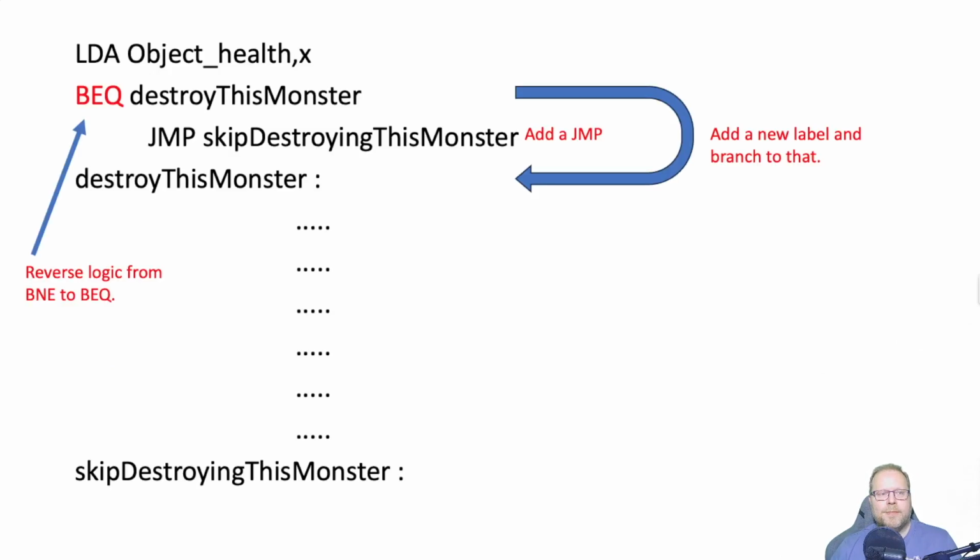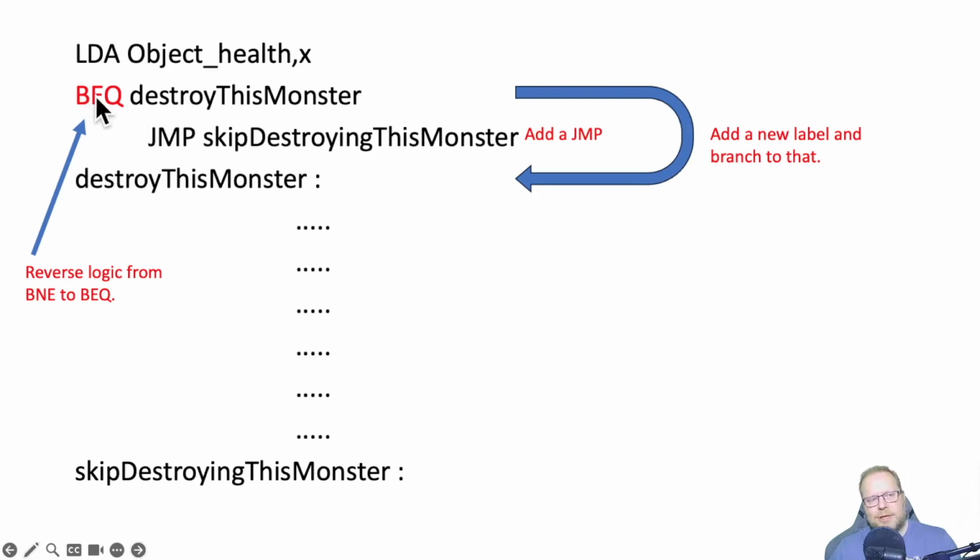The way we solve this is really simple. We just reverse the logic here. We reverse the logic from BNE to BEQ. So instead of branch if not equal, go down here, I say branch if equal, and then I add a new label called destroy this monster, and I just branch to that instead.